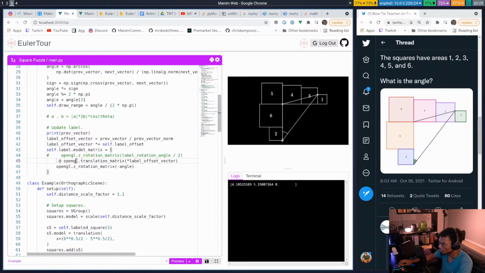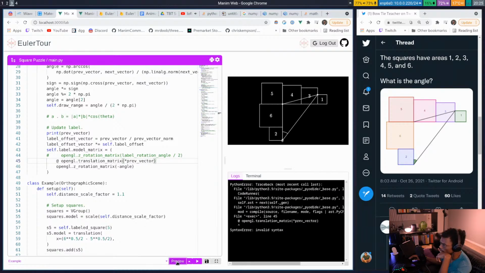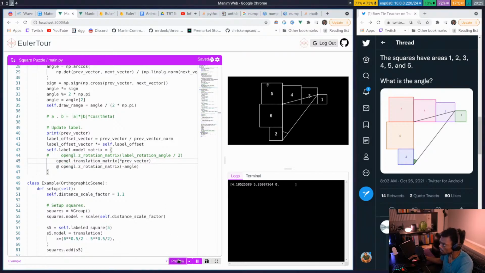So let's try that. I actually do the syntax right. Or label offset vector.